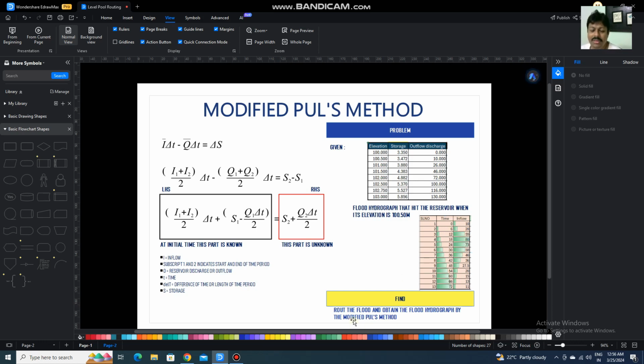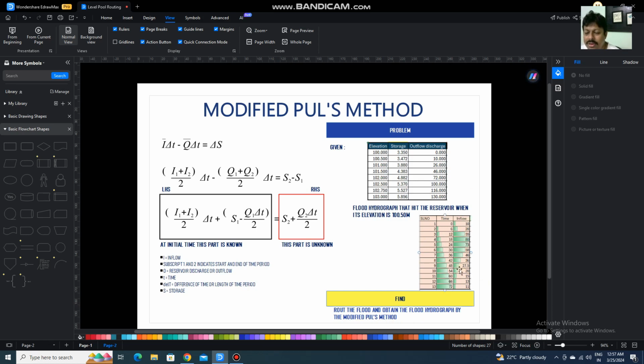The problem is to route the flood into the reservoir and obtain the outflow hydrograph by the modified pulse method. That means you have to find the corresponding outflow hydrograph of this inflow hydrograph.